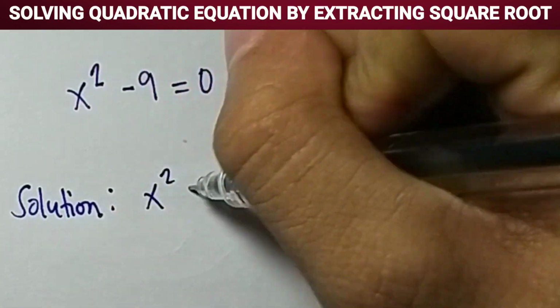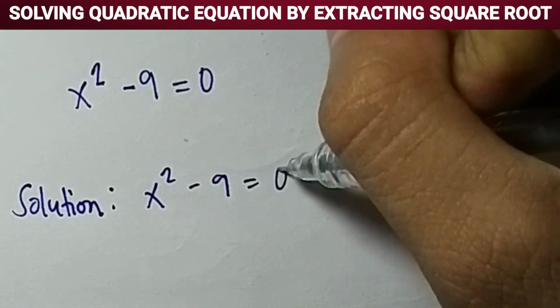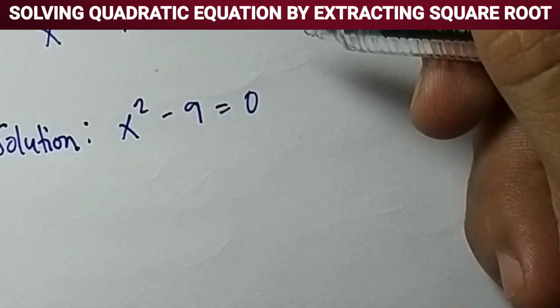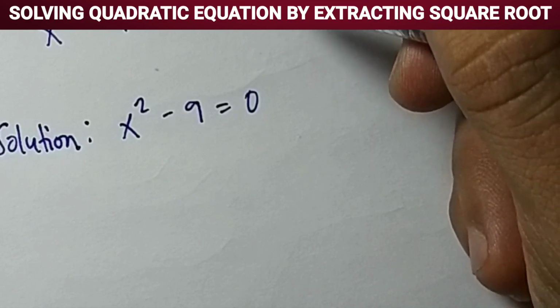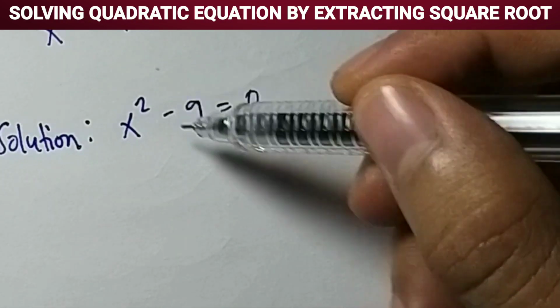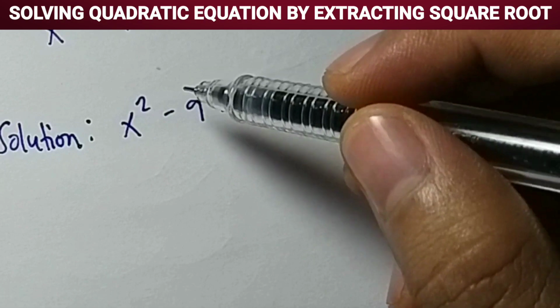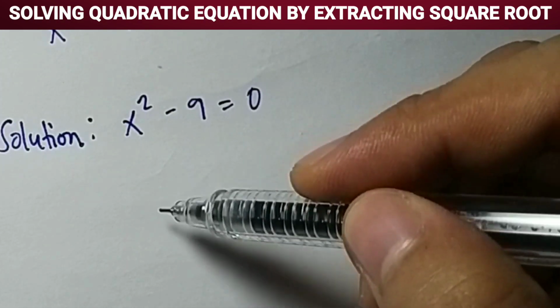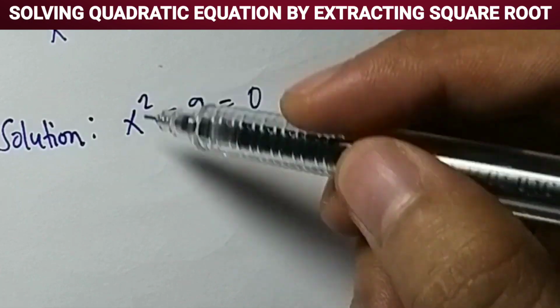X squared minus 9 is equal to 0. Ang una nato nga buhaton kay dapat kini si constant term ato ning mapabalhin sa pikas, unya ang mabilin diri dapat kini lang quadratic term.